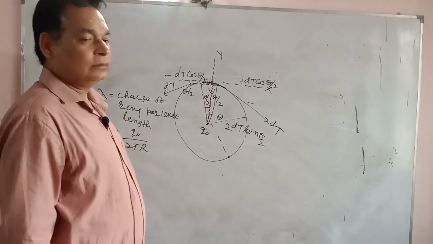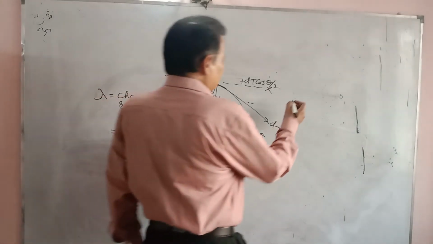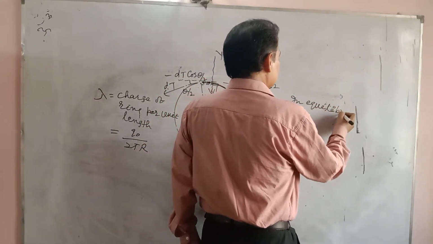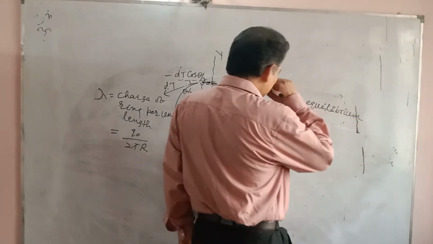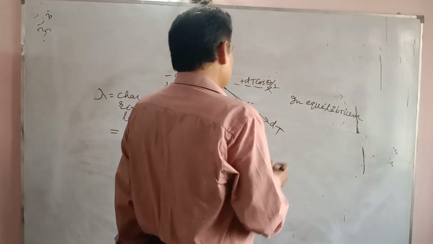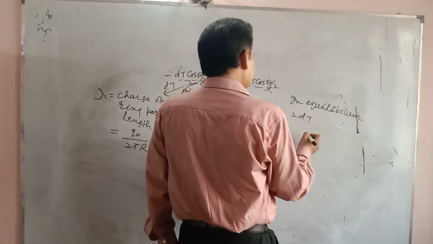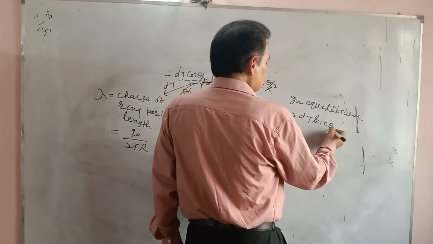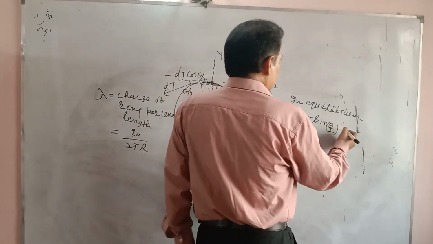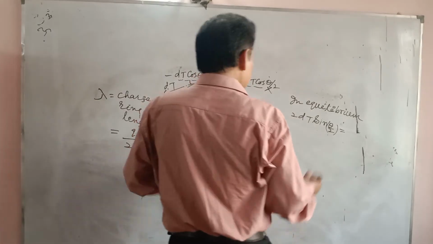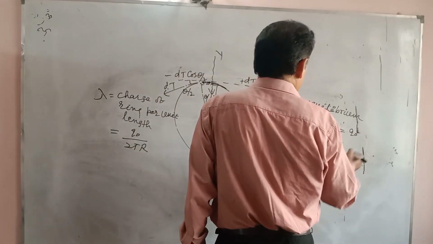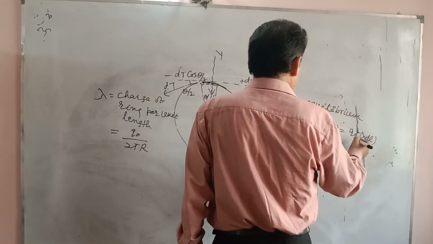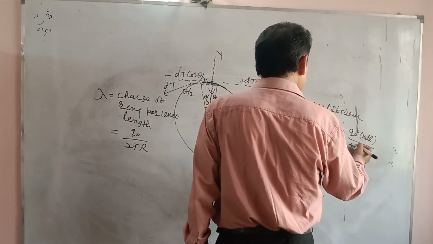So in equilibrium we can write 2 dT sine theta by 2, where theta is very small, should be equal to q naught lambda dl upon 4 pi epsilon naught r square.